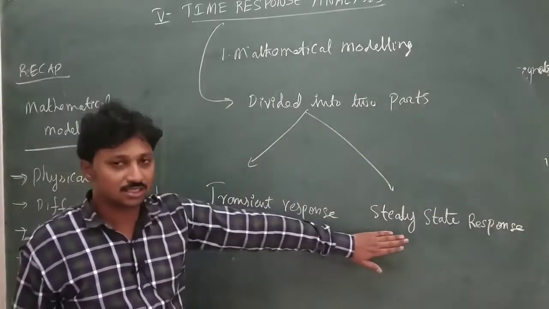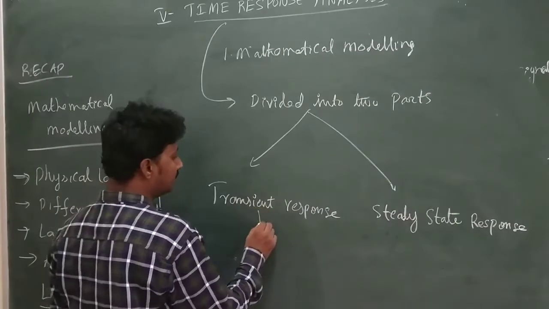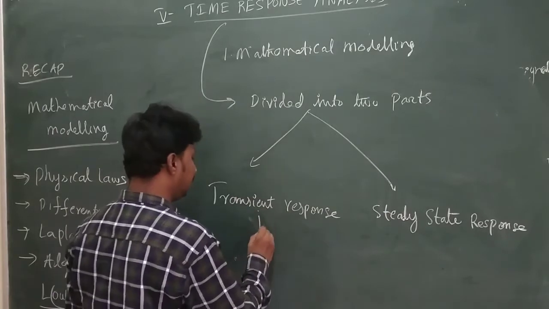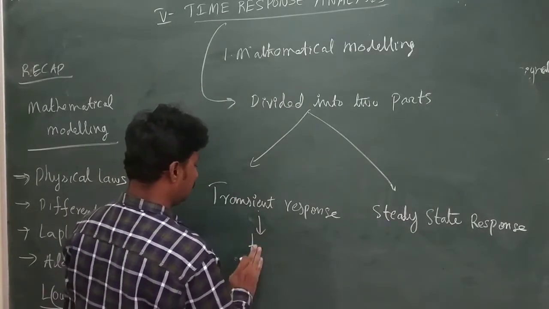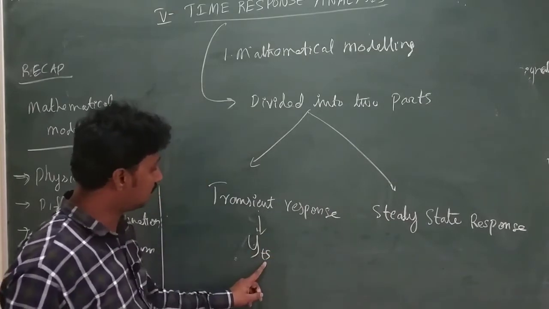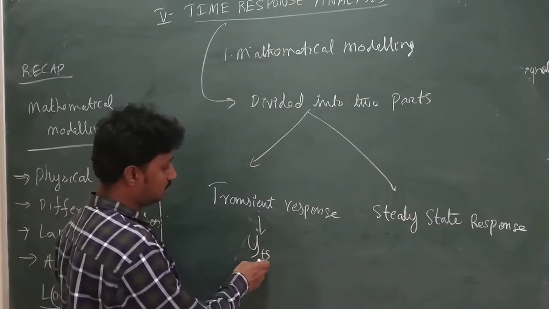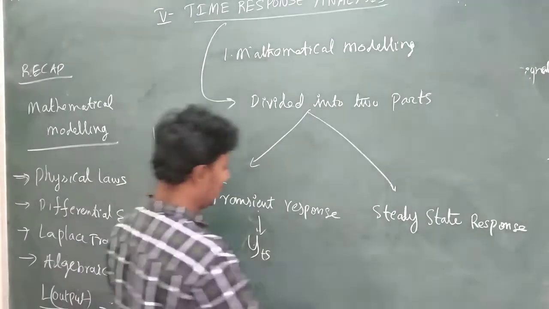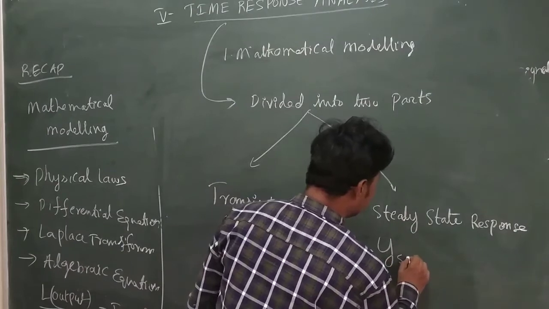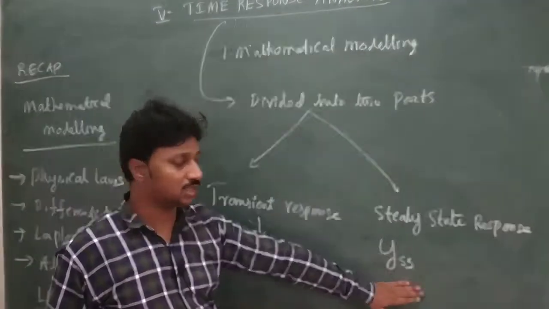Transient response and steady state response. Generally you represent transient response as y_ts, T stands for transient, S stands for response, okay, transient response. And this one, steady state response, y_ss.